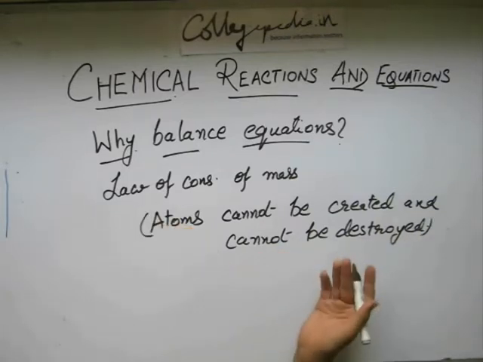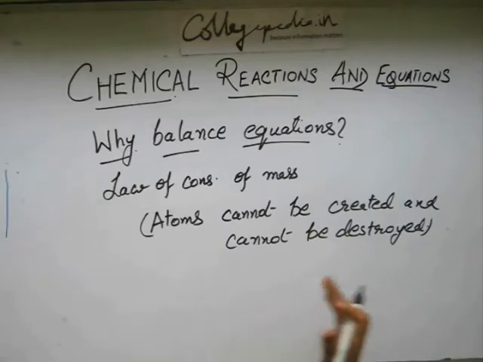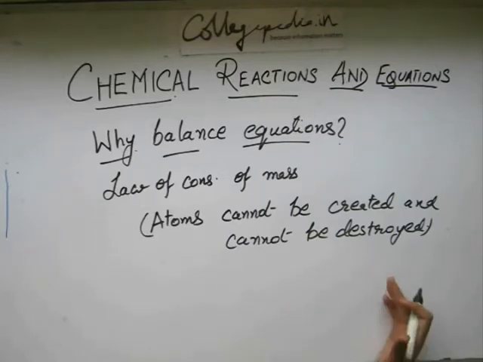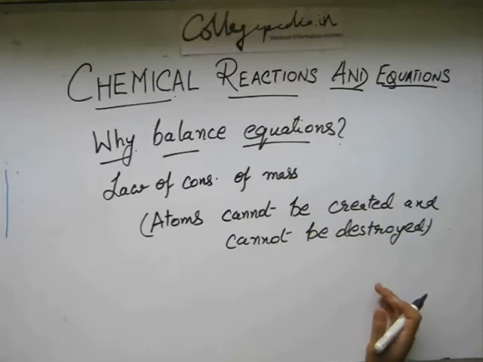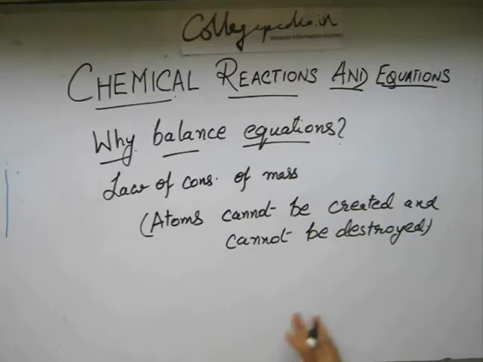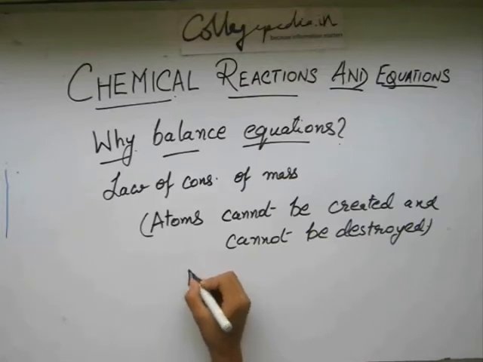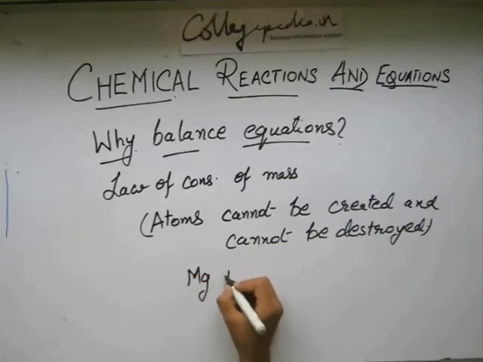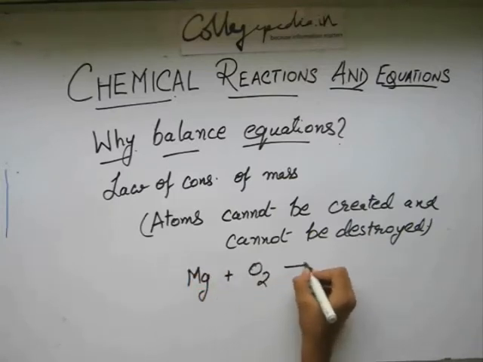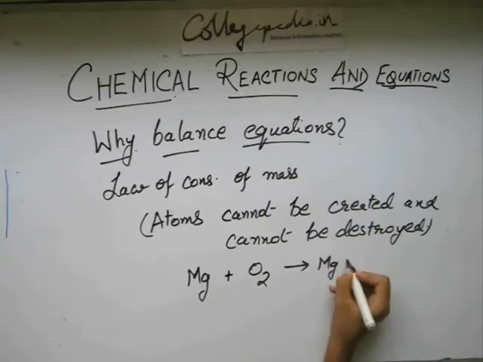So if they cannot be created, there cannot be extra atoms on the right hand side, because if there are extra atoms on the right hand side, it means that some atoms have been created. And they cannot be destroyed, so there cannot be fewer atoms on the right hand side, which would mean that the atoms are destroyed. So in this reaction, Mg plus O2 gives MgO.